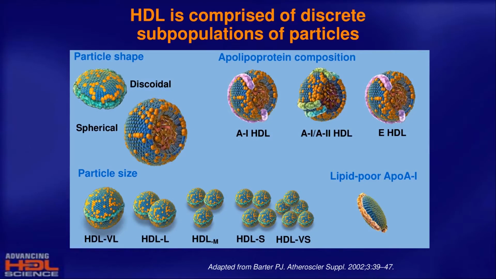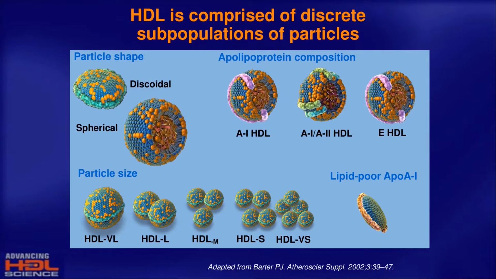HDL is comprised of multiple subspecies that are often characterized based on their size, but also on the major protein composition, such as whether they have apolipoprotein A1, A1A2, or ApoE. Another way that we characterize the HDL particle is based on its shape, a discoidal particle or a spherical particle.